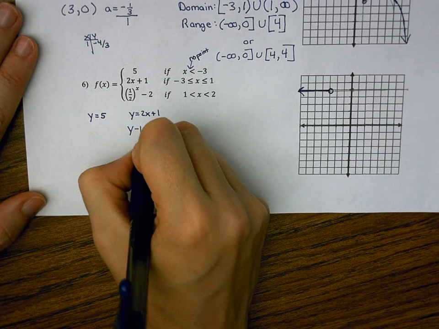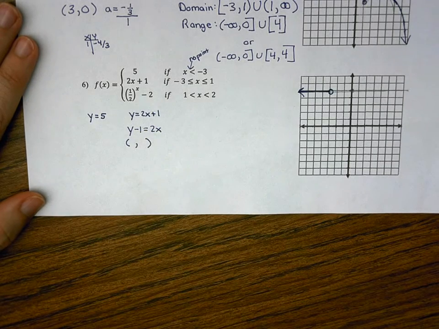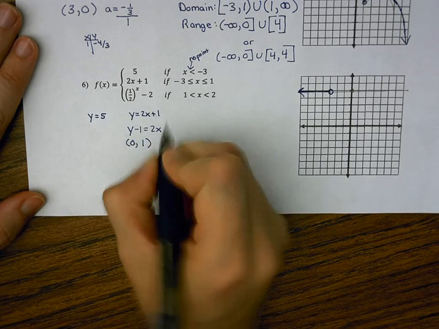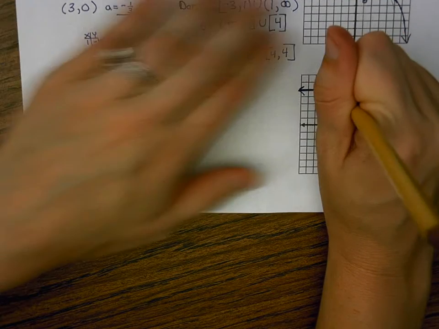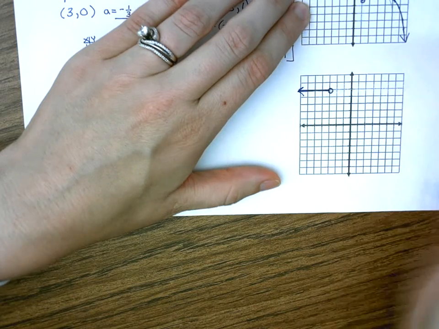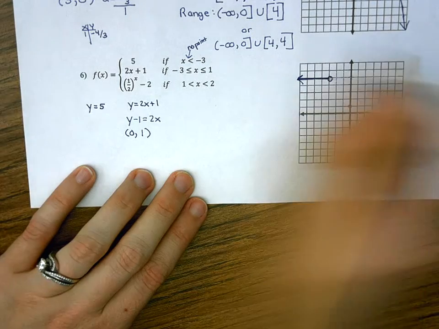What would my starting point be? Well, x would be 0, y would be 1. Whoops, I forgot to erase the part of the line I'm not keeping up here. Okay, 0, 1. And what would my slope be?